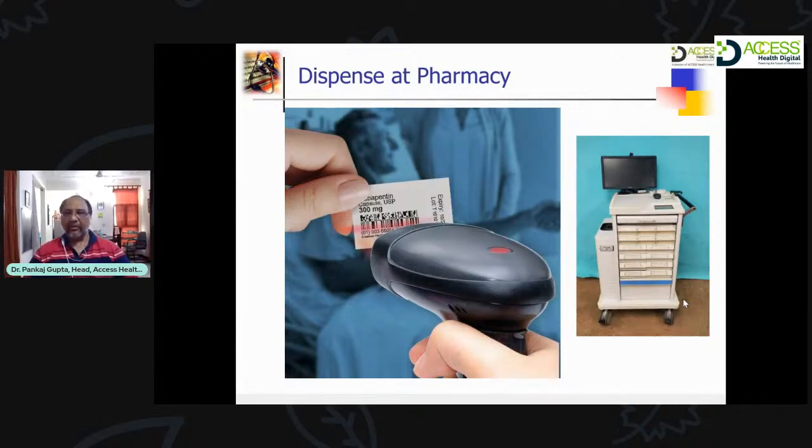And then it is loaded into this automatic cart, and this automatic cart can be a robotic cart. It can move around the hospital automatically, or it can be pushed around by a GDA, so that the cart can be taken to every nursing station.